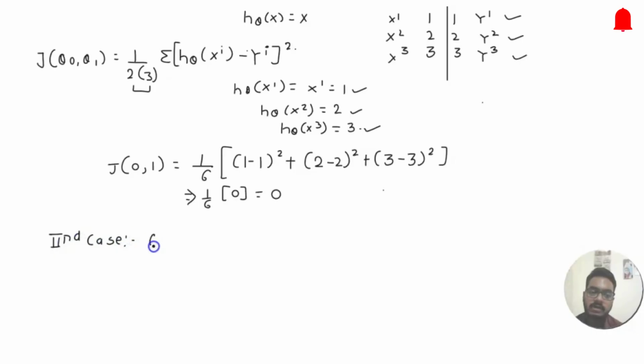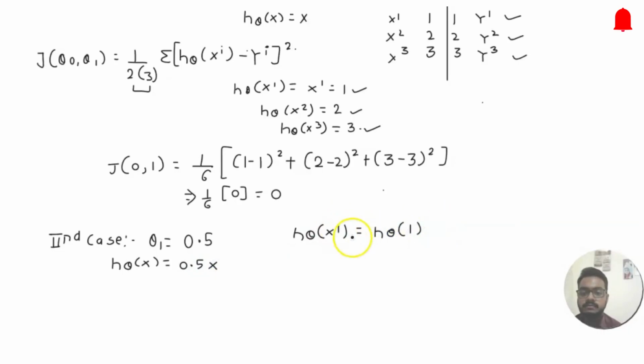Now we will take theta 1, that means the slope value, as 0.5. So, in that case, h theta of x will be theta 0, which is 0 already, plus theta 1 which is 0.5, times x. So, h theta of x1, that is h theta of 1, is nothing but 0.5 multiplied by 1, which comes out to 0.5. And the corresponding y1 is 1.